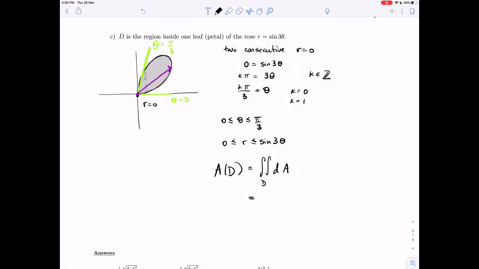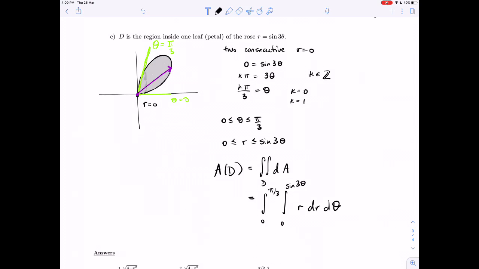That is always true. And so if we're going to set this up in terms of polar coordinates, theta is on the outside, so 0 to pi over 3, the integral from 0 to sine of 3 theta of dA in terms of polar coordinates, r dr d theta.